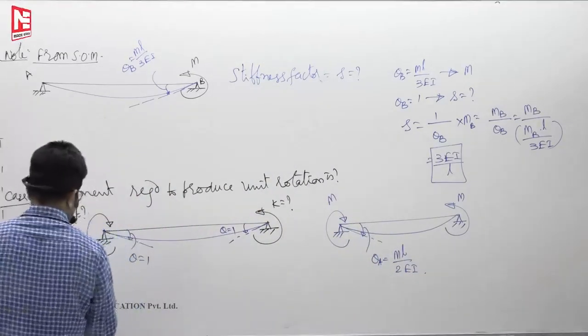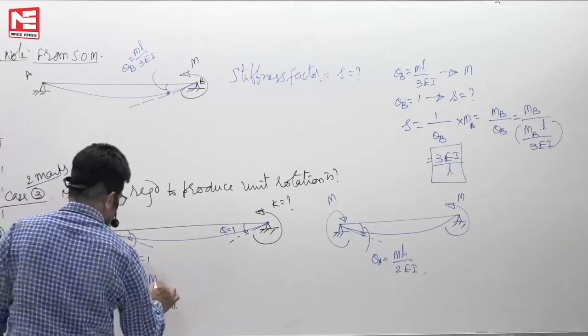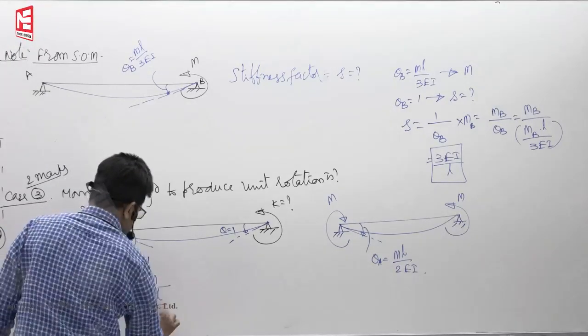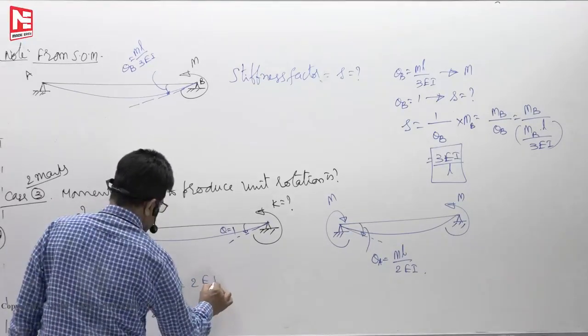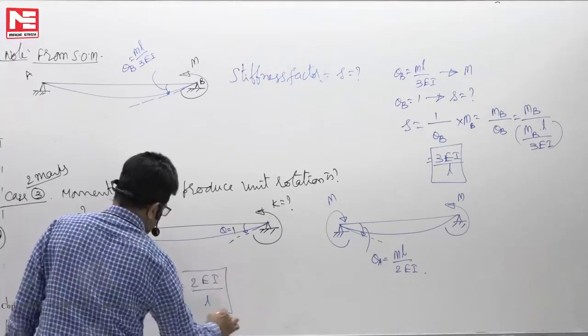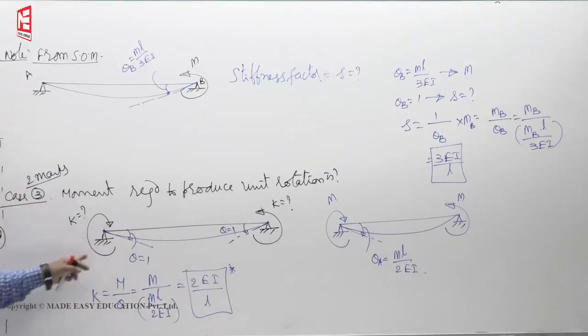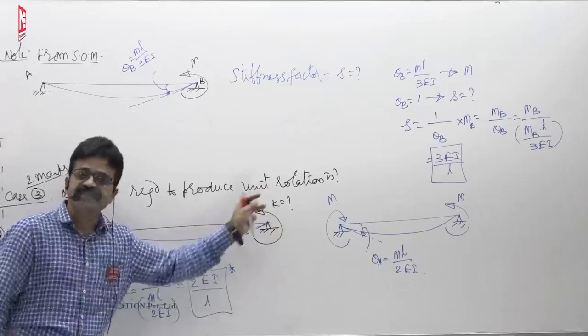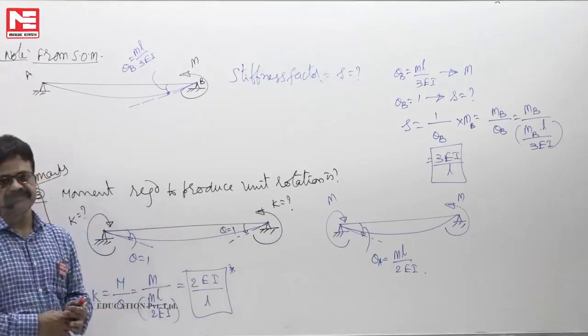Now stiffness factor K means the moment required to produce unit rotation. So M divided by ML by 2EI, so you will get 2EI by L. So if you apply 2EI by L amount of moment here as well as here, then theta becomes 1 here as well as here, like that.